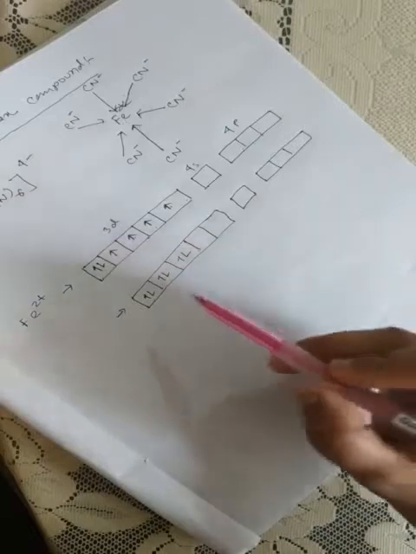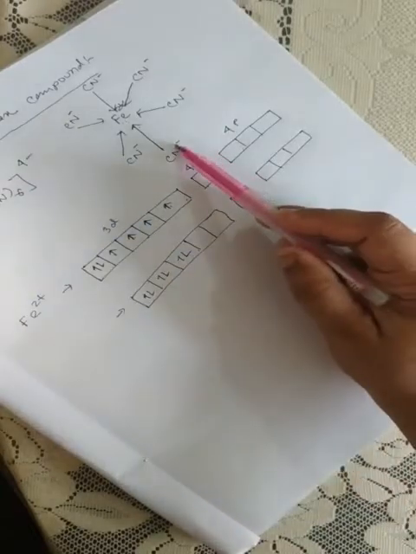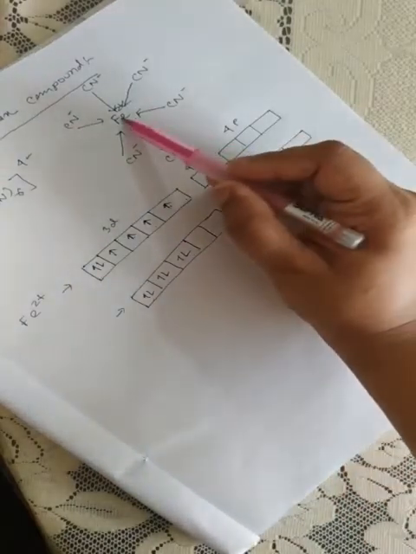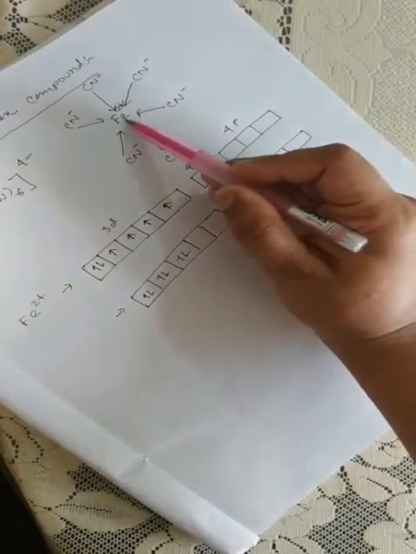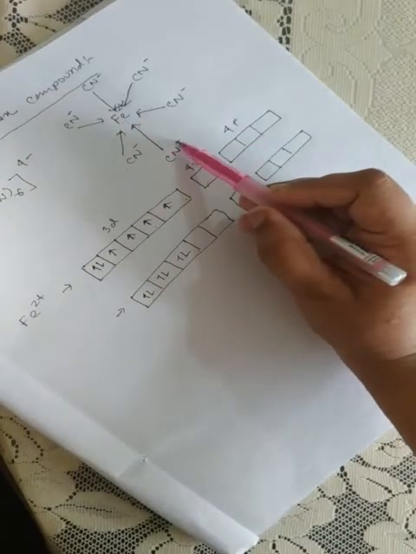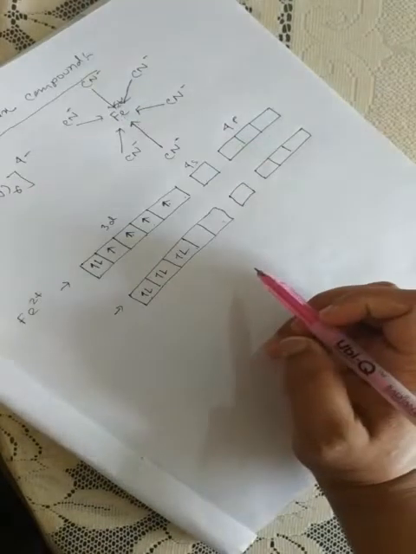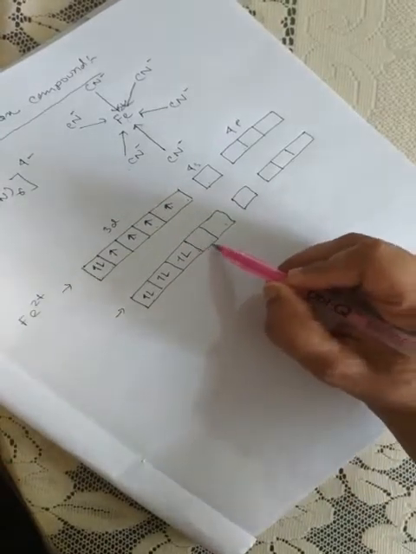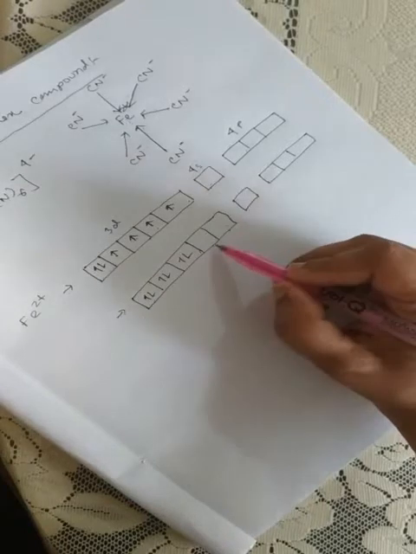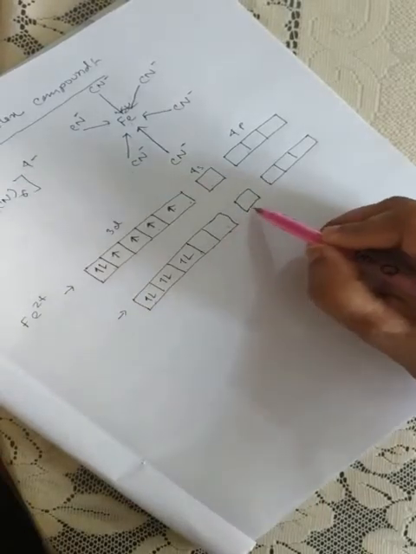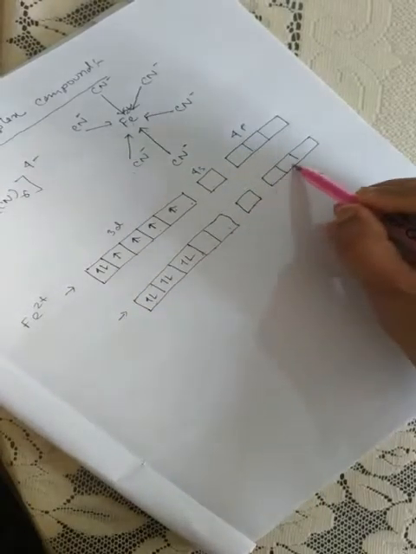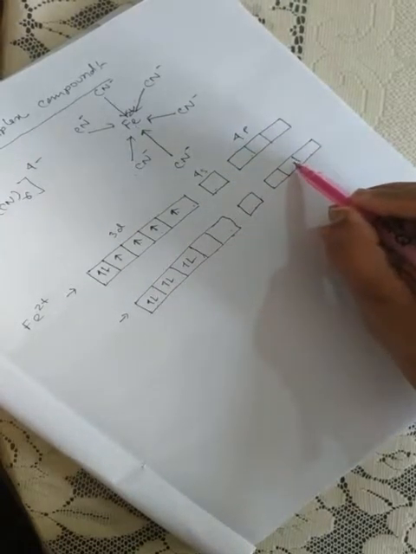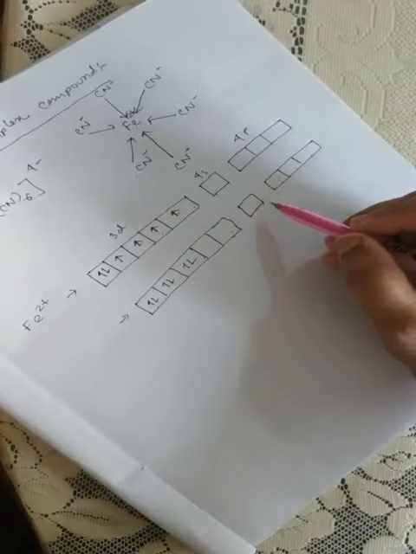Why? By the influence of the unpaired electrons of the ligand. When the ligand, cyanide, comes towards the iron, the lone pair of the ligand influences it. Then some vacant d orbitals form, and these 3d orbitals, this 4s orbital and this 4p orbital become orbitals of similar energy by hybridization.